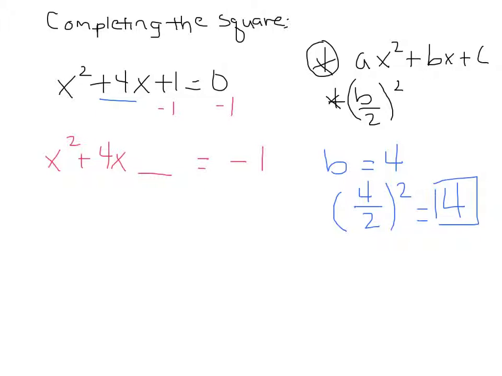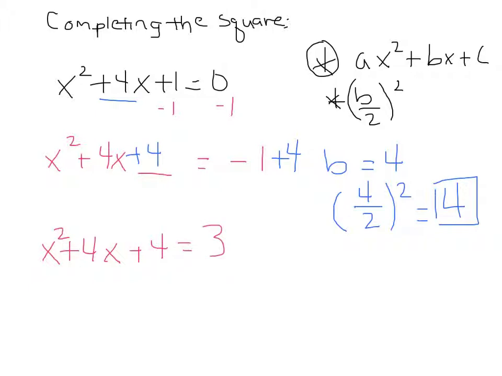So here's what we're going to do with that. We are going to take 4 and we're going to add it to both sides of the equation. We want to keep it balanced. And then we're going to simplify. Negative 1 plus 4 is 3.